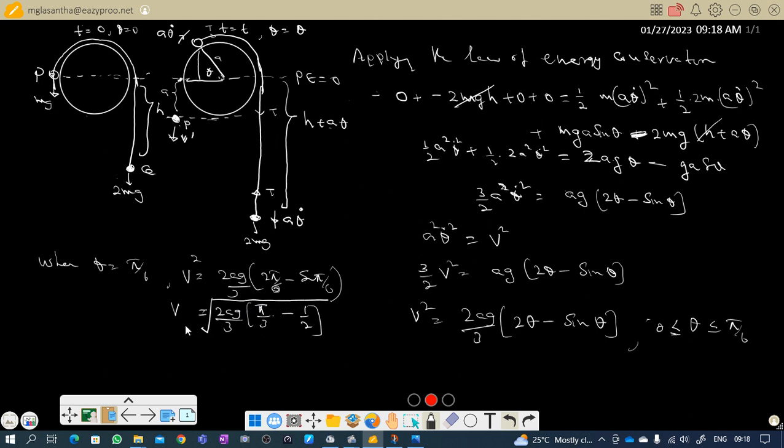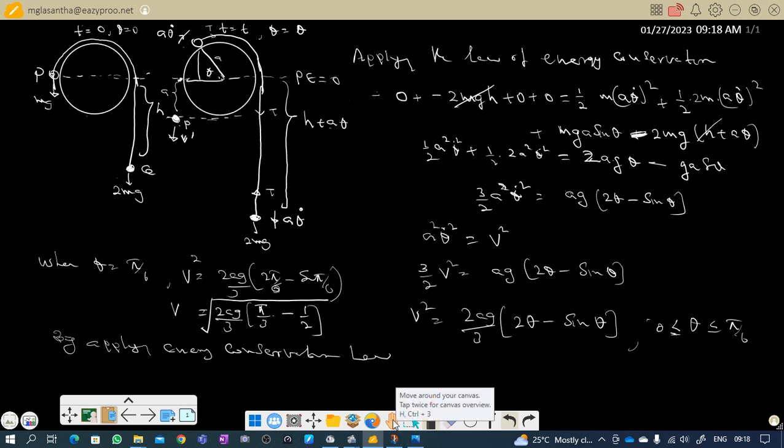This is the v when the particle is at theta equals pi by 6. Right? Now you know that velocity. After that you can compare with the velocity at the point below. By applying the energy conservation law, you can find it.